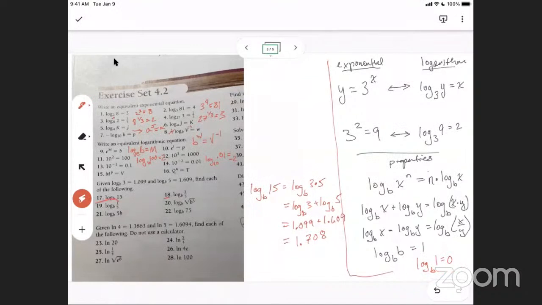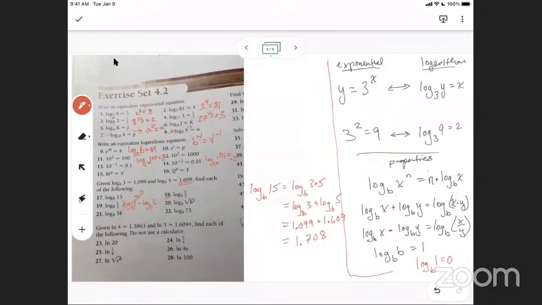So when you see the 1 in number 19, this is going to be log base b of 1 minus log base b of 5. And the log base b of 1 is just 0, because anything to the 0 equals 1. So this is just negative log base b of 5, which would equal negative 1.609.